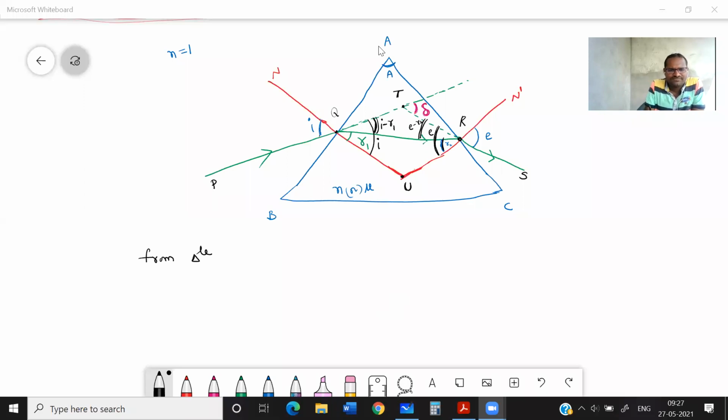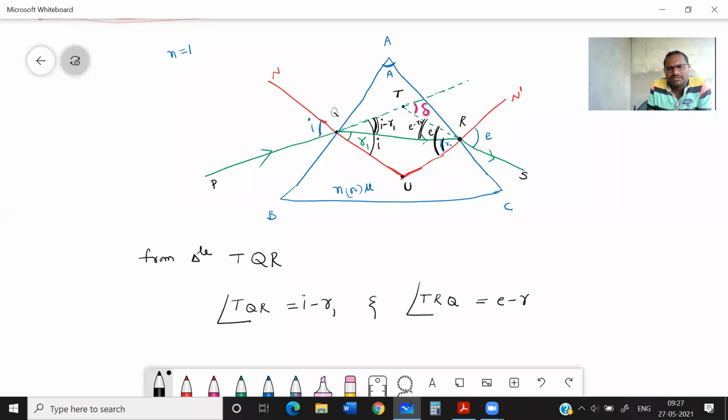Yes. Now see, from triangle TQR, angle TQR is nothing but I minus R1, and angle TRQ is nothing but E minus R2.